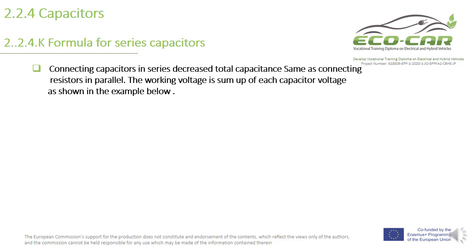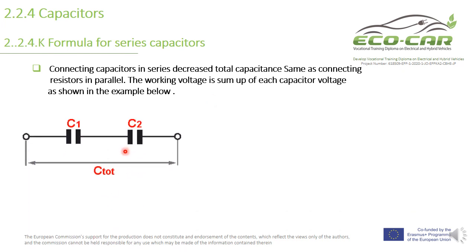Connecting capacitors in series decreases the total capacitance, but in series of resistors, the total resistance increases. Here it is decreased, same as connecting resistances in parallel. So series capacitance is the same as resistors in parallel. The working voltage is the sum of each capacitor voltage, as shown in the example below.